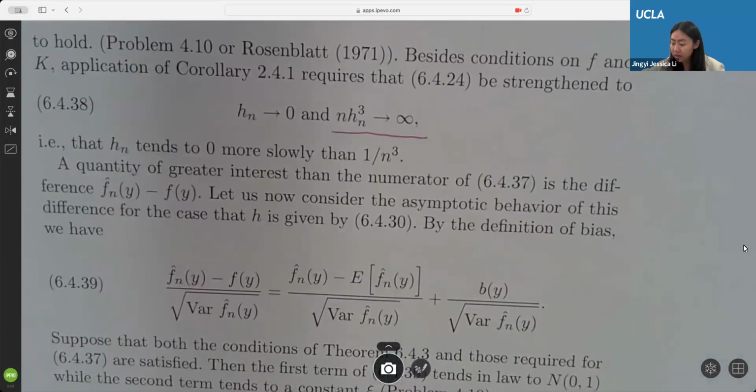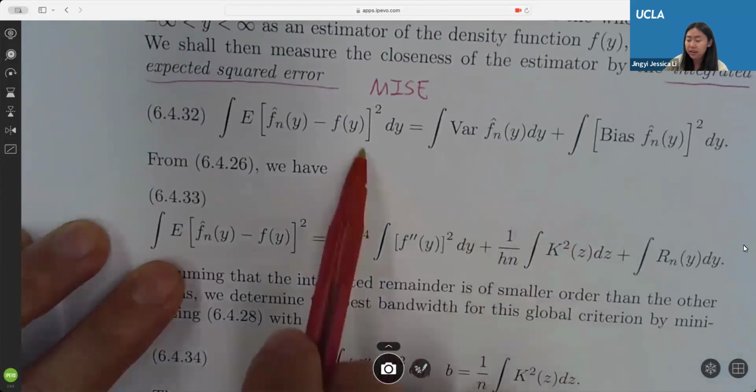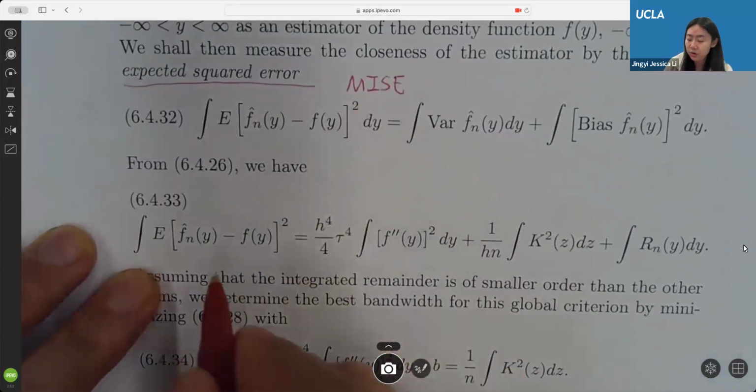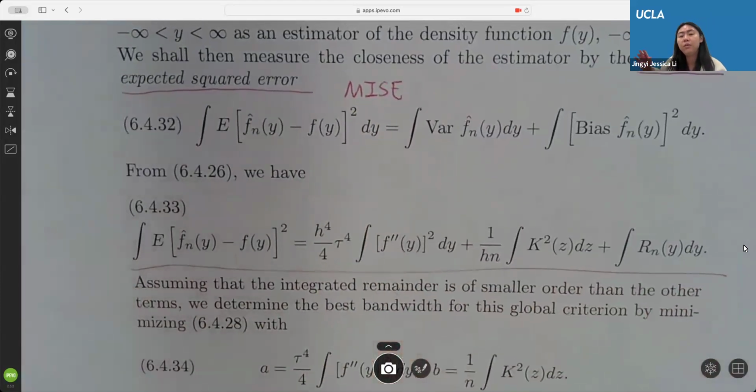It's this one, MISE. If you are interested in minimizing this mean integrated squared error, you express it out in this form. So the remaining question we haven't talked about is how do you optimize the kernel?